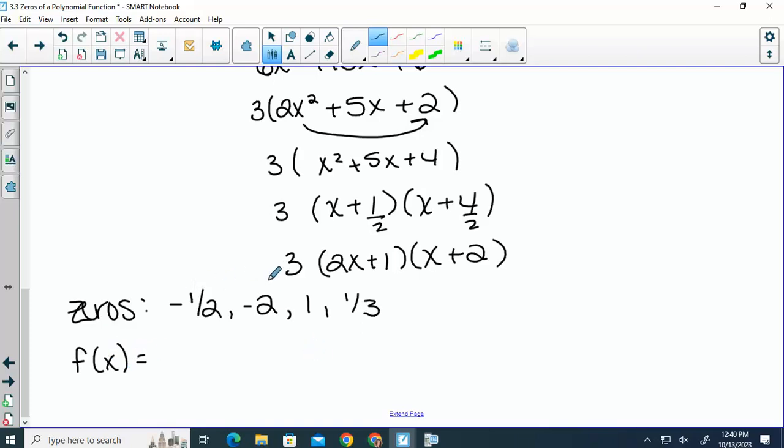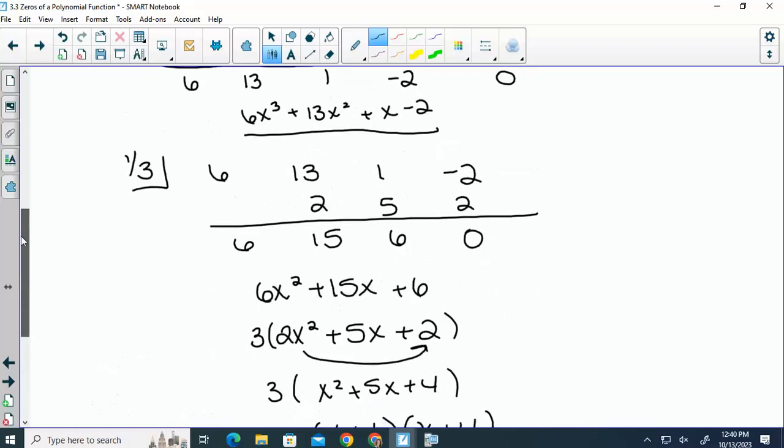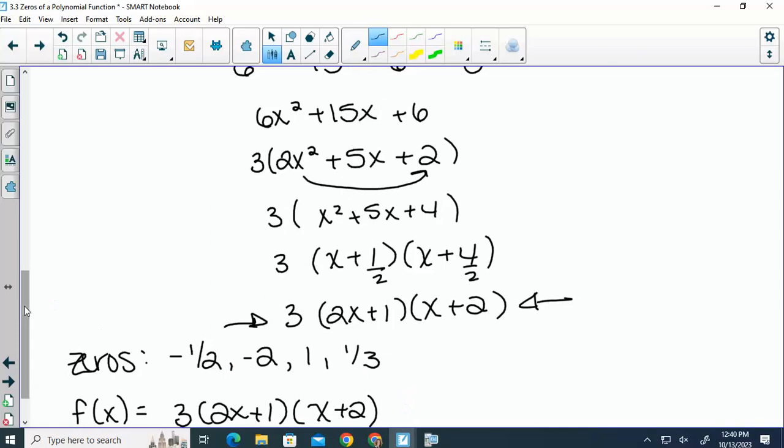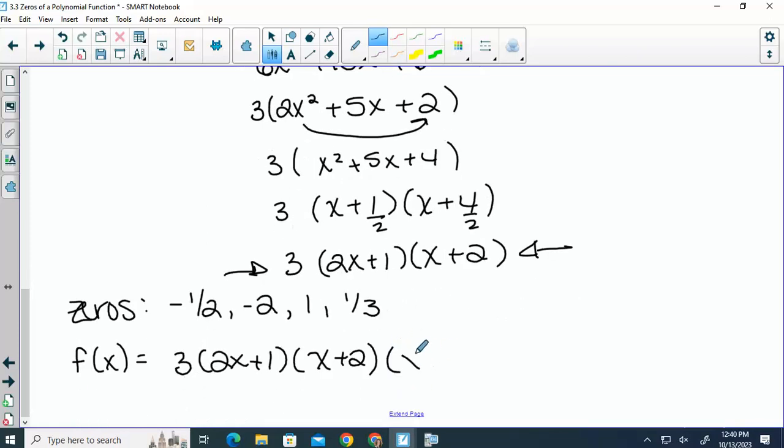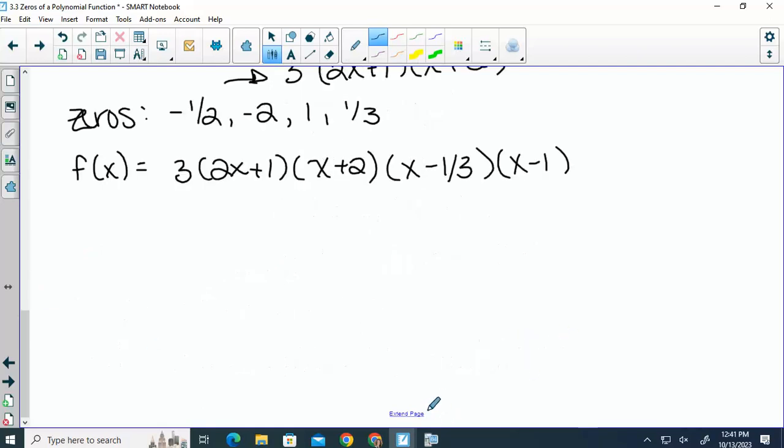So if we look, we got down to this point, right? 3 over 3, 2x plus 1, x plus 2. If 1/3 was a 0, that would give me x minus 1/3, and we had 1 was a 0, so that is x minus 1.